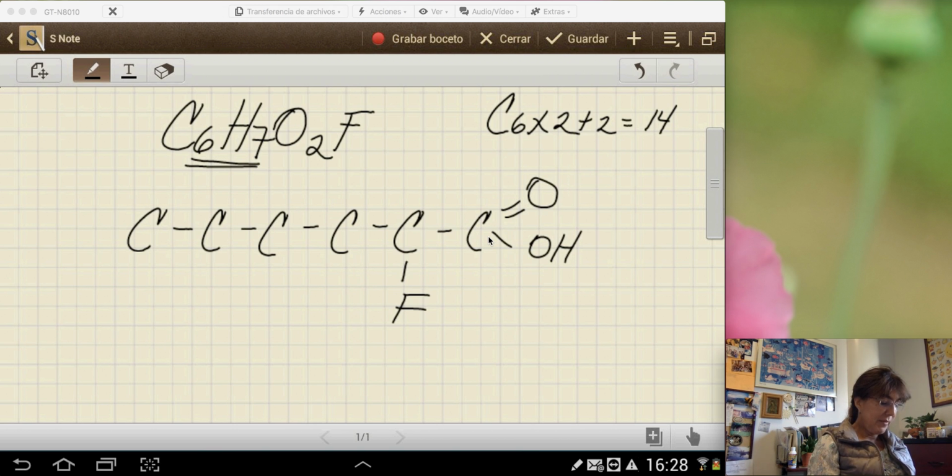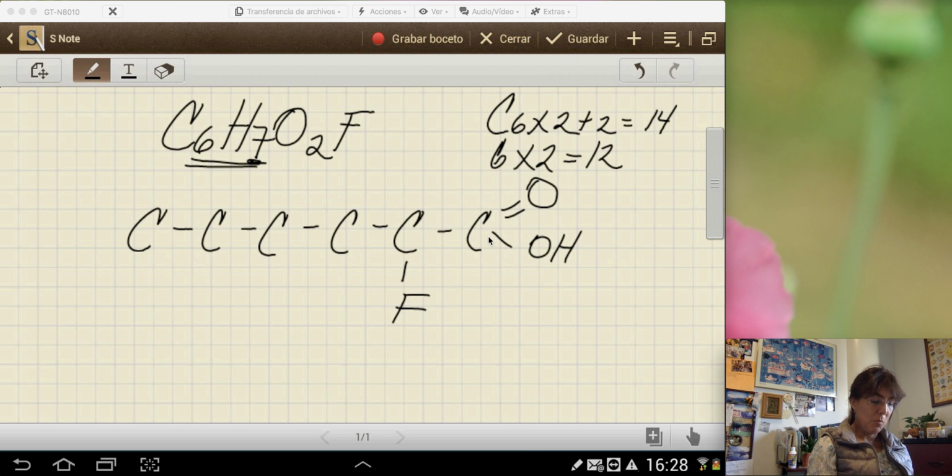But I only have 7 hydrogens in my structure. So in order to unsaturate the compound, I need this to be possibly an alkene. If it was meant to be an alkene, 6 by 2, you would be needing to have 12 hydrogens.